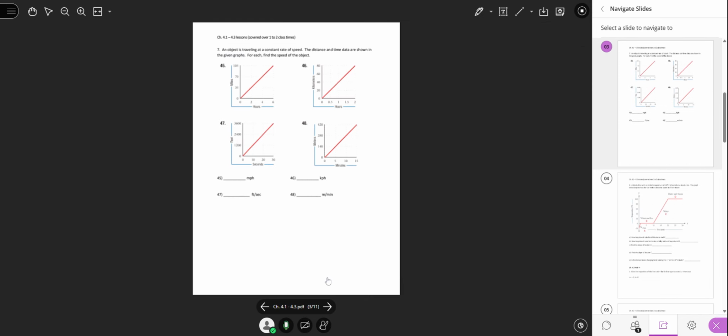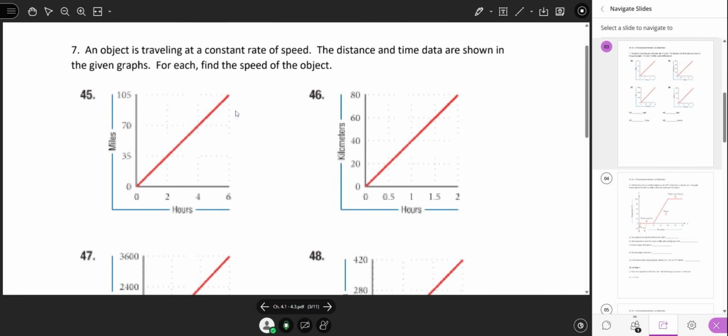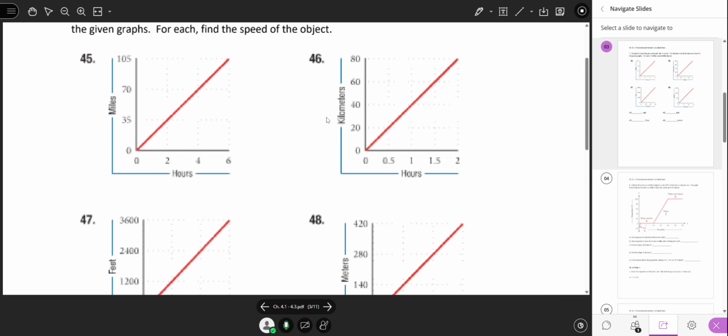All right. Now, this is the nicest problem ever. Remember, slope is your y value divided by your x value.